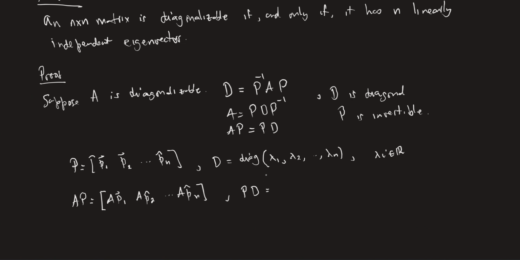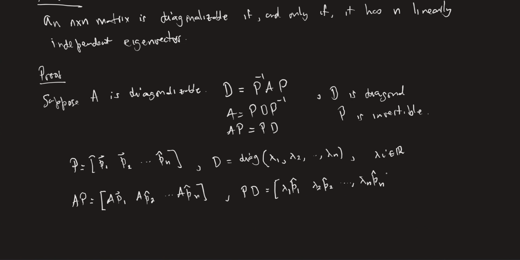So all the rows in column 1 would get multiplied by lambda 1, so you'll have lambda 1 times P1. Same thing, all the rows in column 2 will get multiplied by lambda 2, so you'll have lambda 2 times P2, and then dot, dot, dot, then lambda n multiplied by Pn.